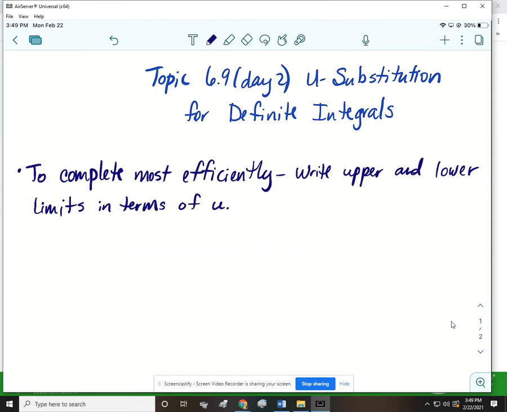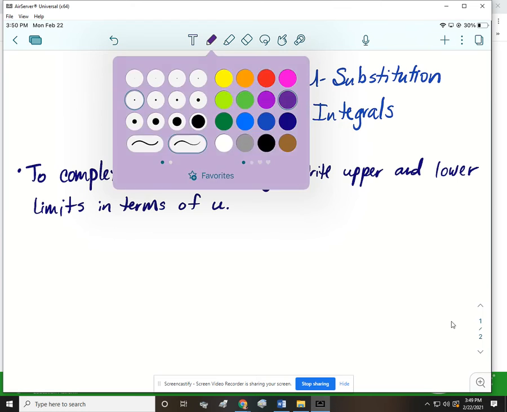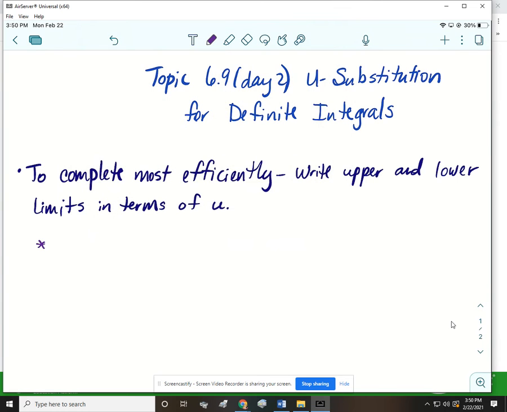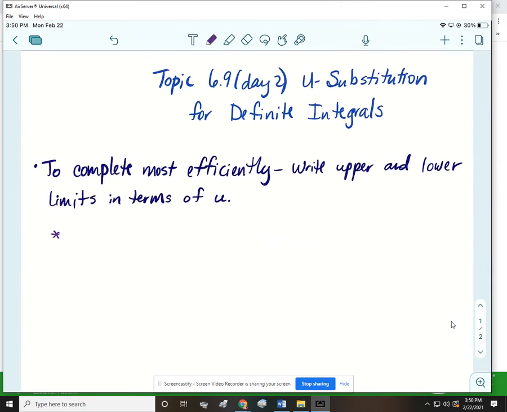All right, so we'll have like u is equal to x squared plus 1. And so if your upper limit is like 7, that's an x, you'd have to put that 7 in for x. And then you have it in terms of u, which is going to make this a little bit smoother and quicker.